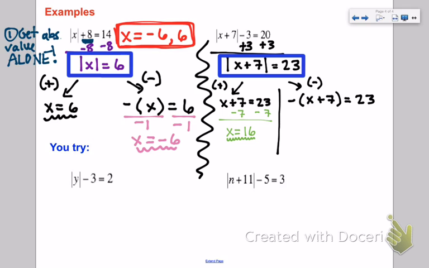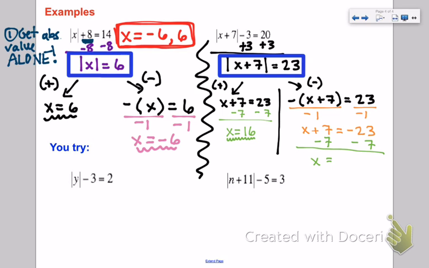My next one, I'm going to do an extra step. I'm going to divide by that negative. So I get x plus 7 equals -23. So now I need to apply my opposite operation to get x by itself, which is to subtract 7 from both sides.